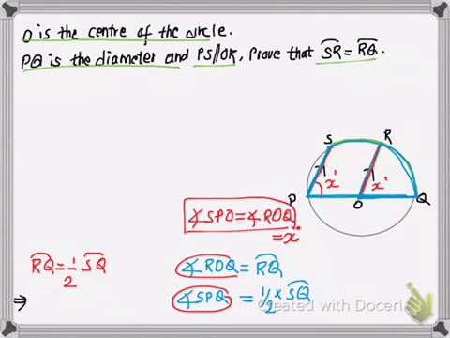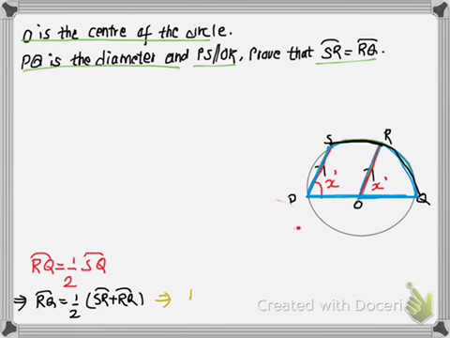Again, what we can say is RQ, I'm going to write it as it is, and for SQ, we know that the arc SQ is formed of two arcs SR and RQ. I can write it as the sum of SR and RQ for SQ.